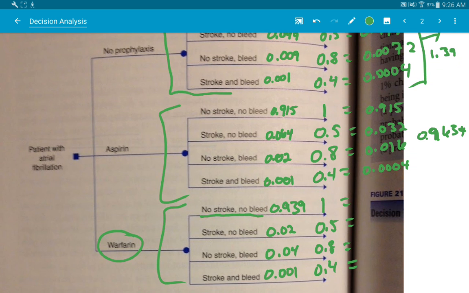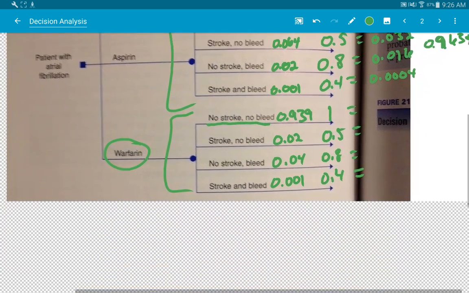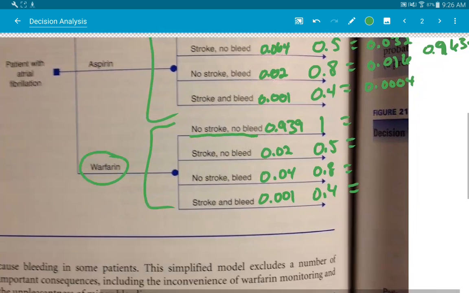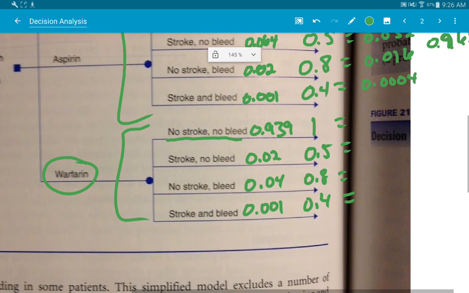I got one last one here. This is the warfarin one. Again, this is always the easy one. There we go. 0.939. 0.01. Okay. What else do we got for the third one down? 0.032.